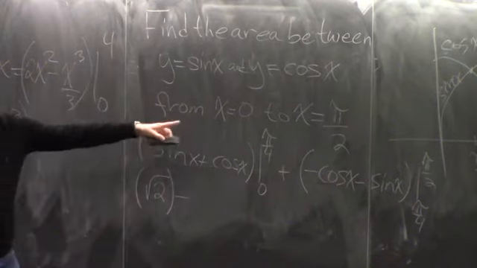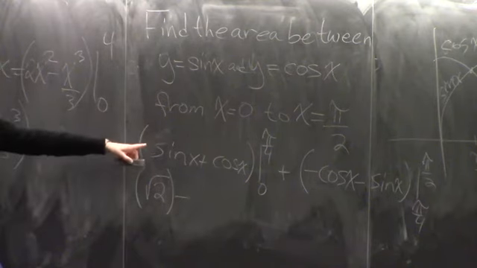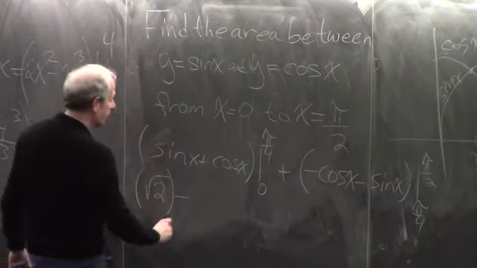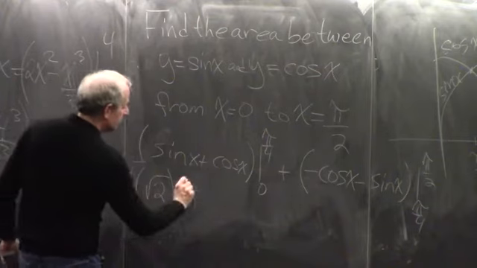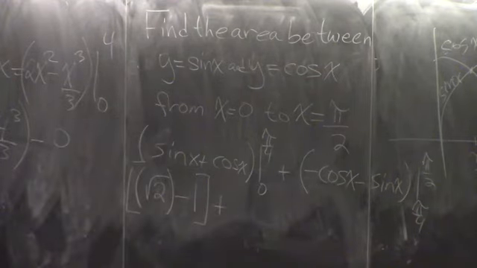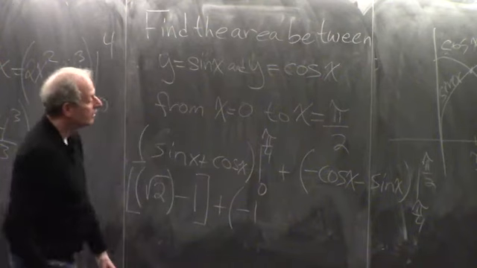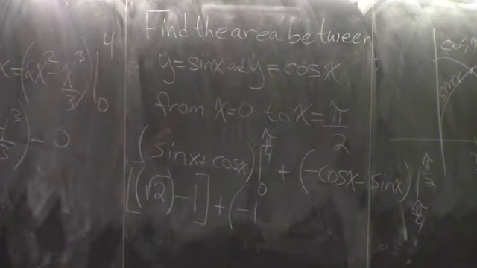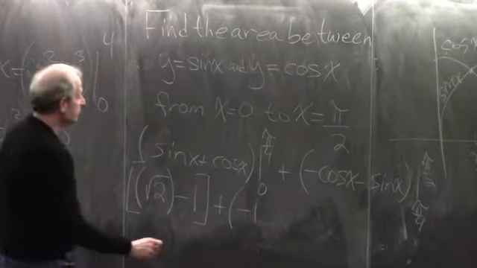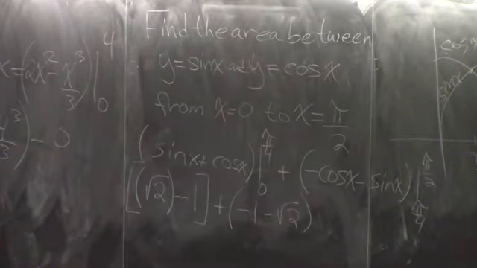You plug in 0, sine of 0 is 0, and cosine of 0 is 1. Cosine of pi over 2 is 0, and sine of pi over 2 is 1.